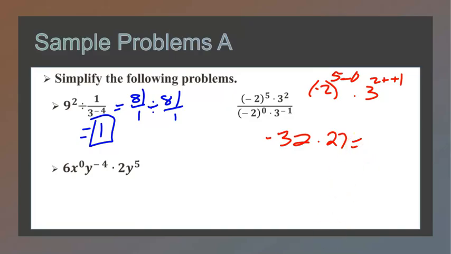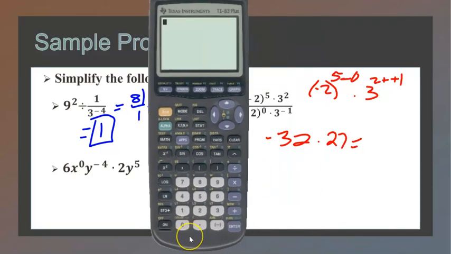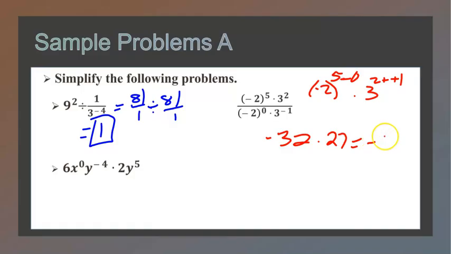So let me just grab my calculator here. We have a negative 32, and we're going to multiply that by 27. That's going to give us negative 864. And that is our lesson today on integral exponents.